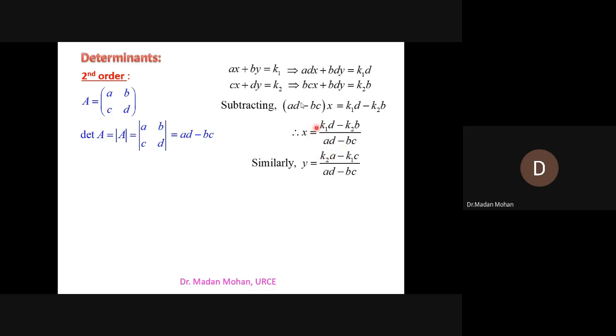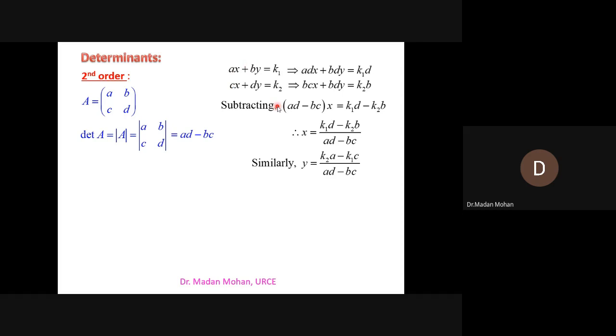So, when this ad minus bc equals 0, these two lines are parallel. It means it is not possible to find x, y values which satisfy both the equations.